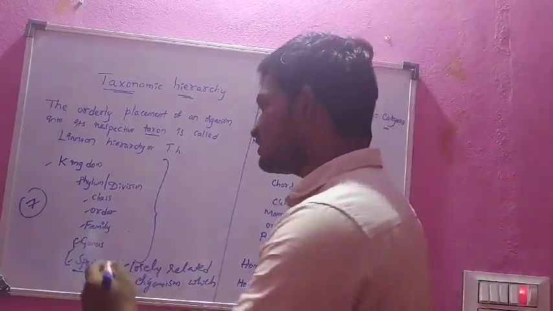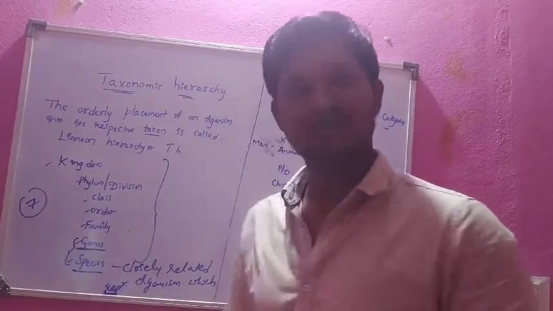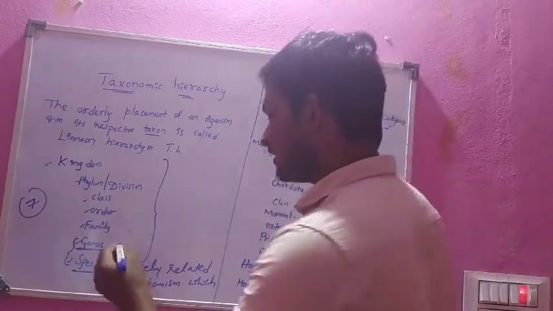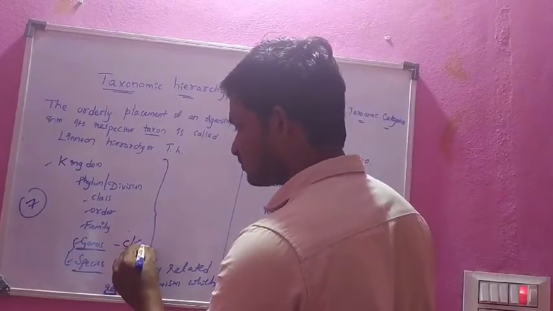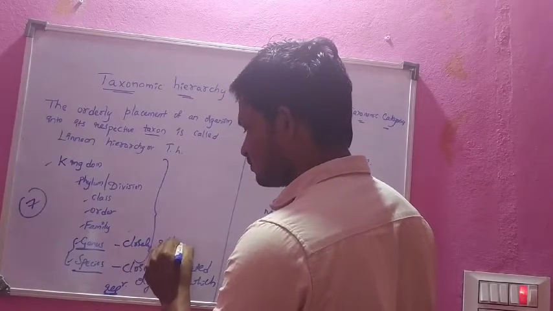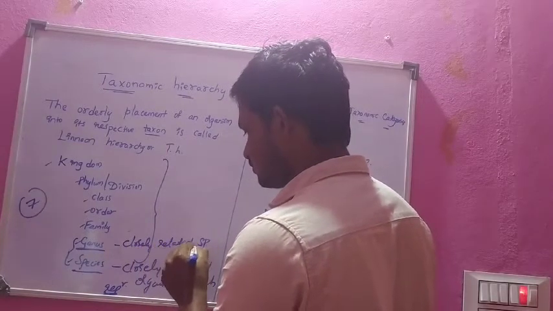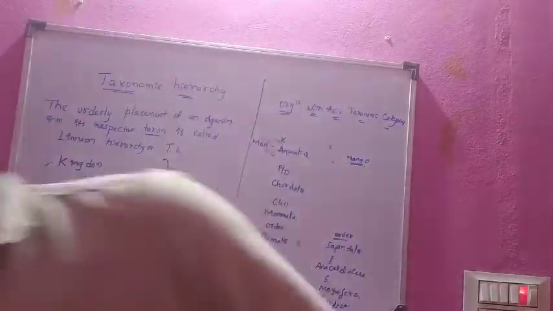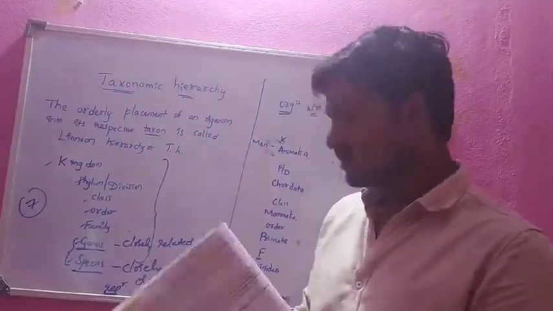Then what is meant by genus? Closely related species are grouped under a genus, and that is called a genus. What exactly does genus mean here?